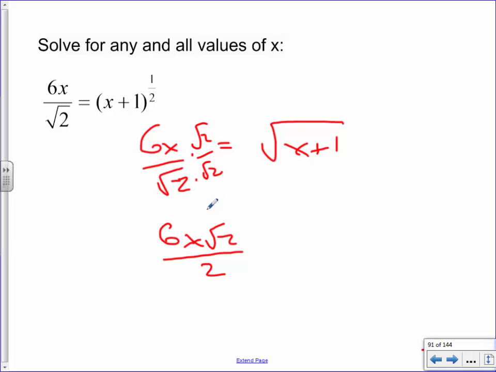But I've done this before. Why was that useful? The 6 and the 2, they don't exactly cancel, but they reduce. 6 over 2 is 3. This is 3x root 2, and it equals root x plus 1.